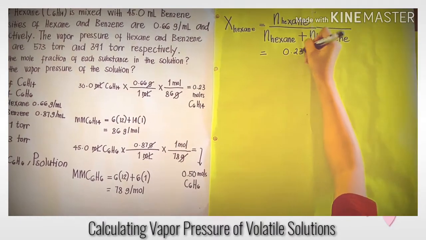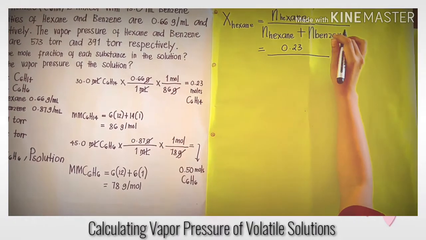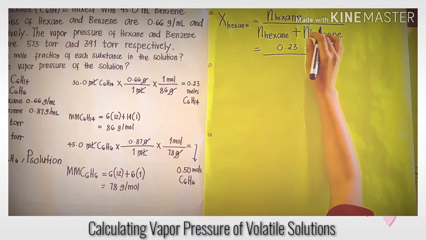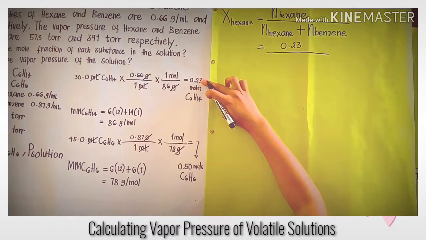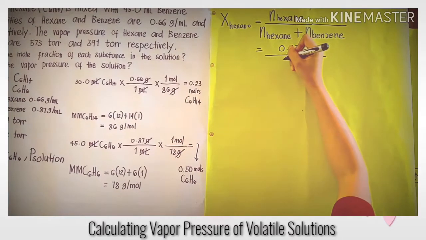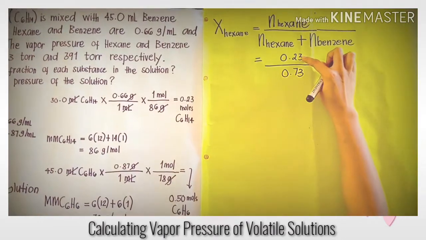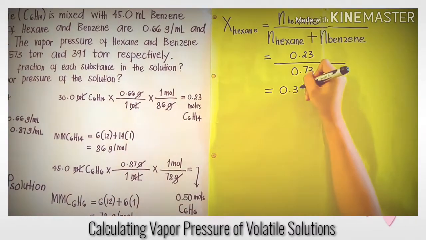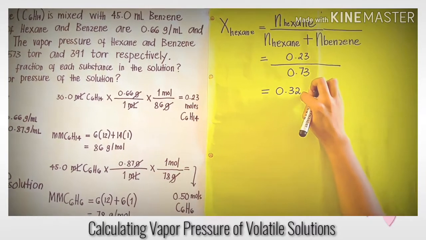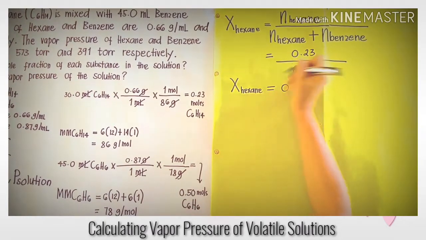So it's 0.23 divided by the moles of hexane plus moles of benzene, which results in the total moles of 0.73. So 0.23 divided by 0.73 is equal to 0.32. And so that will give us the mole fraction of hexane.